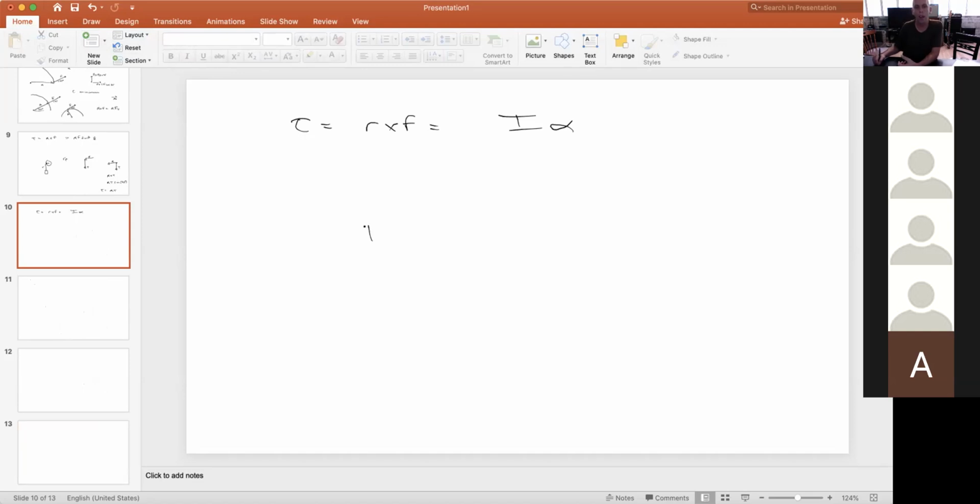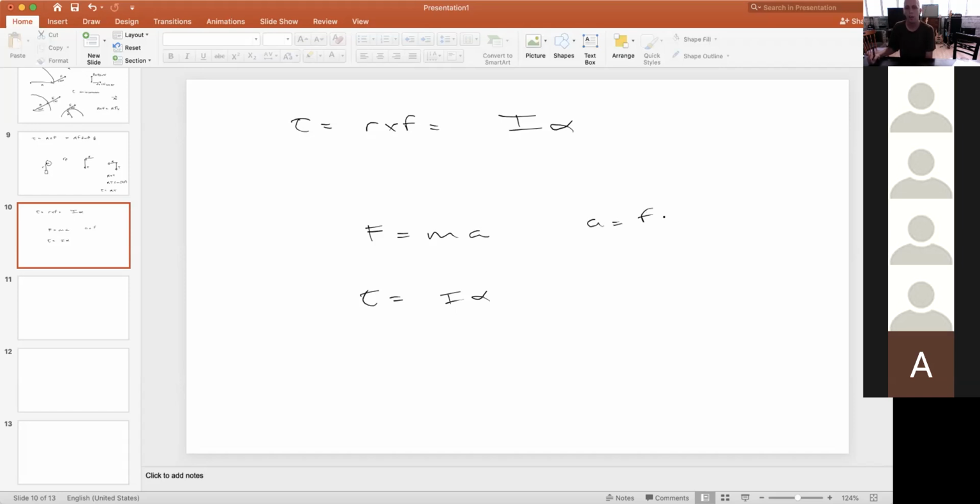And we know that F equals ma. We learned that already. Well, torque works the same way, but it doesn't. And here's the thing. A torque is I alpha. And I ends up being equivalent, well, let's write this.